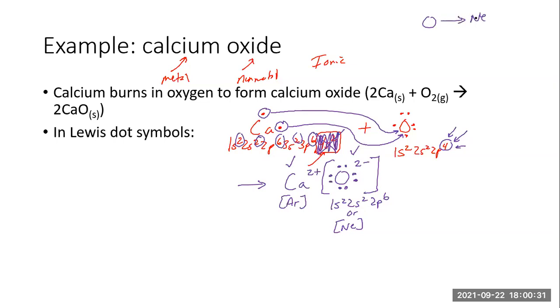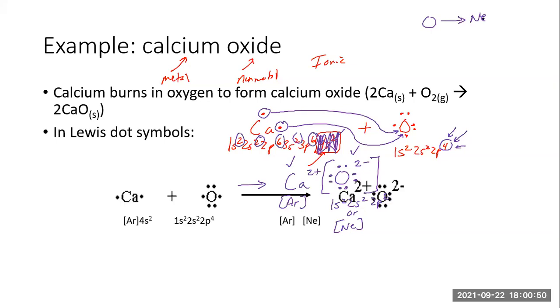So it's able to pick up the electrons and end up with the same electron configuration as neon. Again, that is really the basis of ionic bonding and all bonding, as I mentioned a number of times, for everybody to get to the same electron configuration as the noble gases.